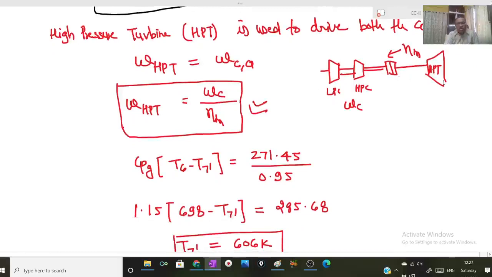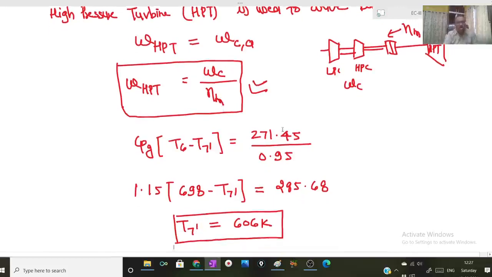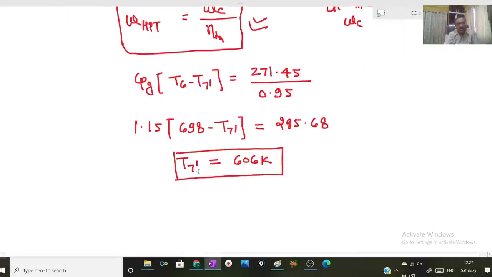Compressor shaft and turbine shaft are connected with the coupling having mechanical efficiency 95%. So this way we have taken into consideration the mechanical efficiency, and considering that I could get the value of T7 dash, that is the actual temperature of gases after expansion in the HPT.